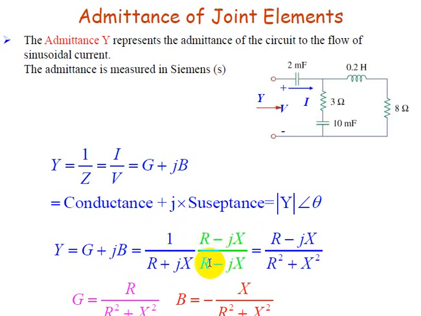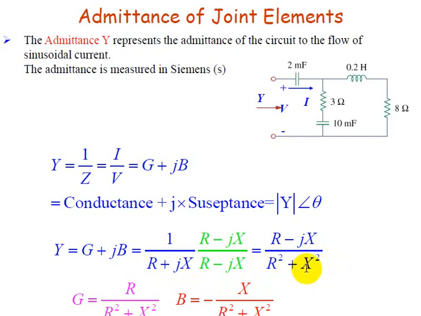We are doing this just to eliminate j from the denominator. So (a plus b) into (a minus b) is a square minus b square, but here j square equals minus 1, therefore it has become R square plus X square.